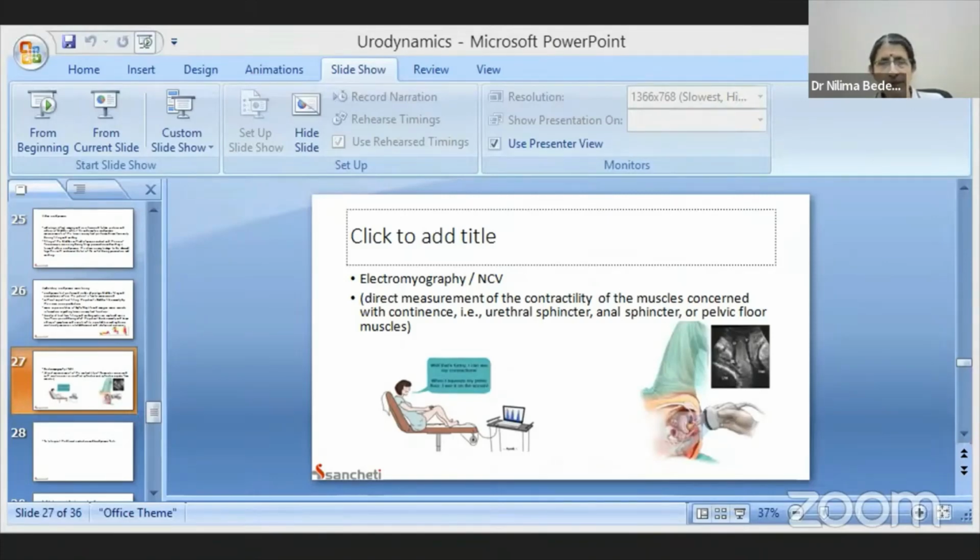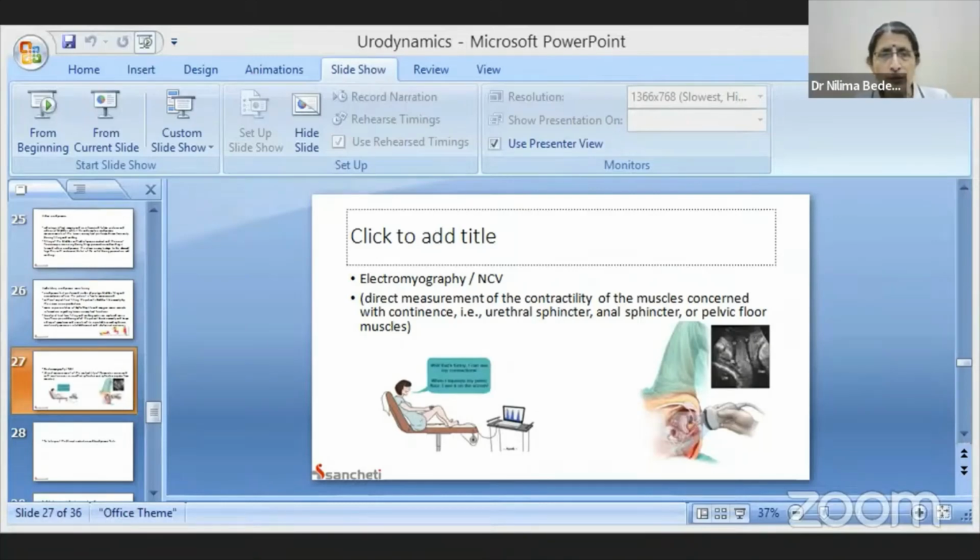So the person comes with both, saying I have sensory urgency, I leak if I don't reach the bathroom, or if I enter a very cold AC room, or there are other sensory triggers. So there is a leakage and I cannot control myself before reaching the toilet, there is an accident. Plus, the person also says that if I bend and lift suddenly, or I cough, or I just do a small jump, there is a leakage. That is the stress incontinence.